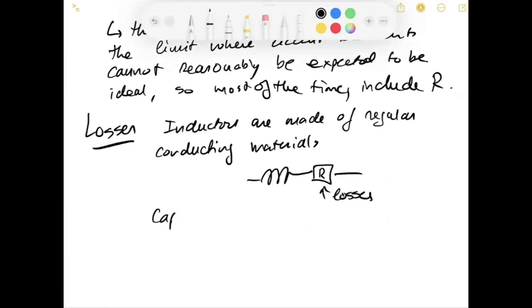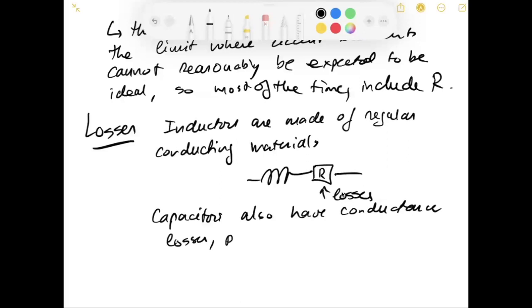So capacitors also have conductance losses. But usually, also dielectric losses.